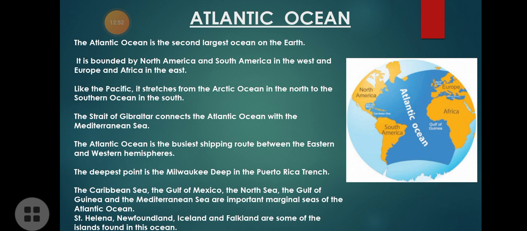Some of the seas in the Atlantic Ocean are the Caribbean Sea, Gulf of Mexico, North Sea, Gulf of Guinea, and Mediterranean Sea. And the islands are St. Helena, Newfoundland, Iceland, and Falkland.